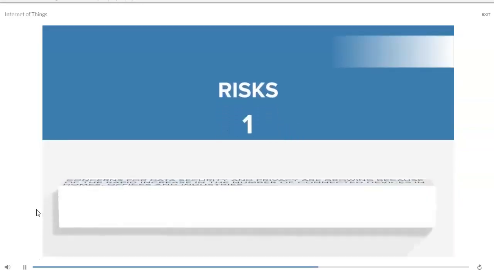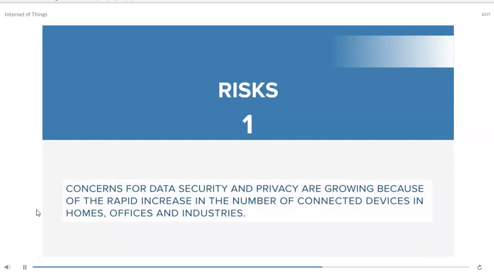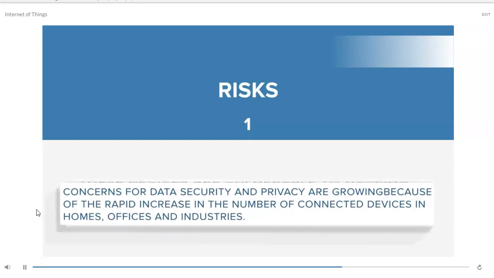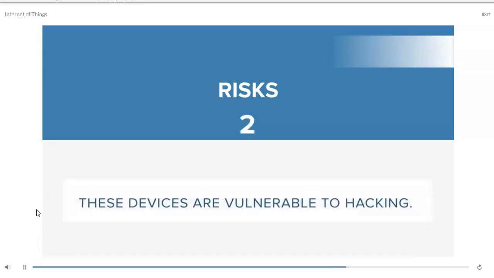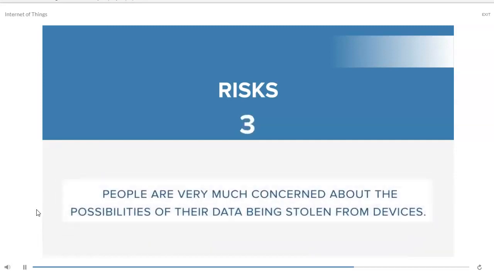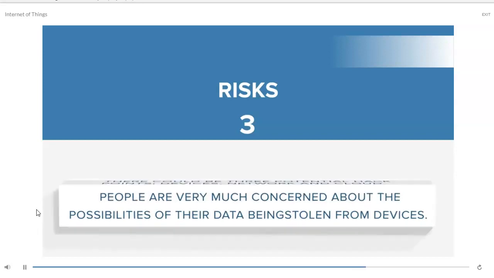Limitations. 1. Concerns for data security and privacy are growing because of the rapid increase in the number of connected devices in homes, offices, and industries. 2. These devices are vulnerable to hacking. 3. People are very much concerned about the possibilities of their data being stolen from devices. 4.